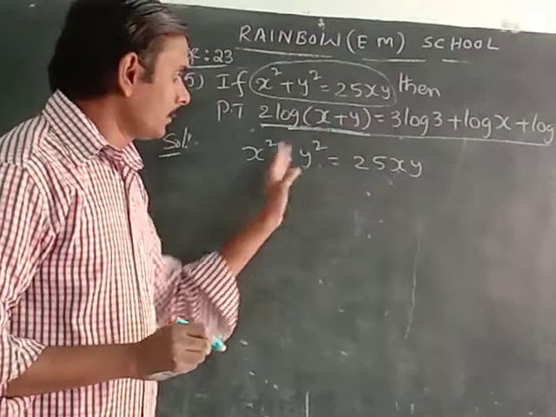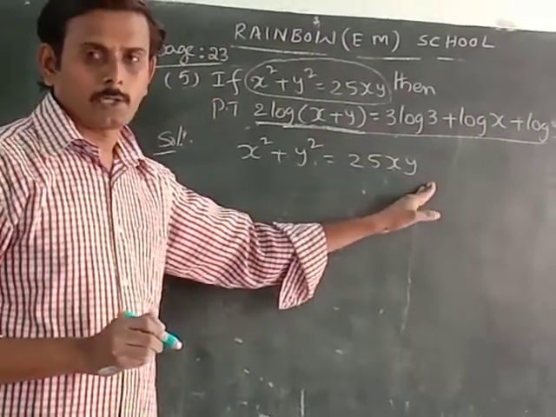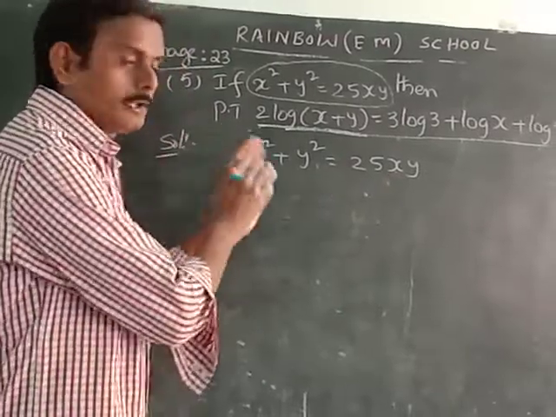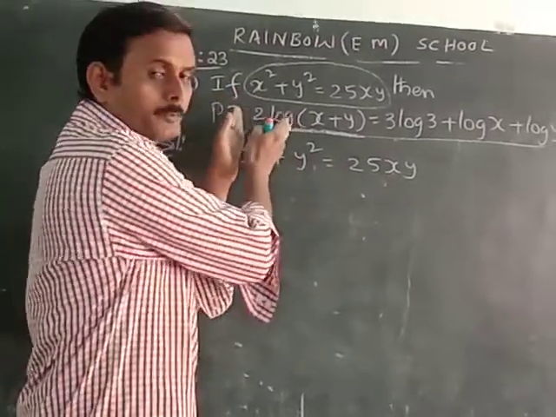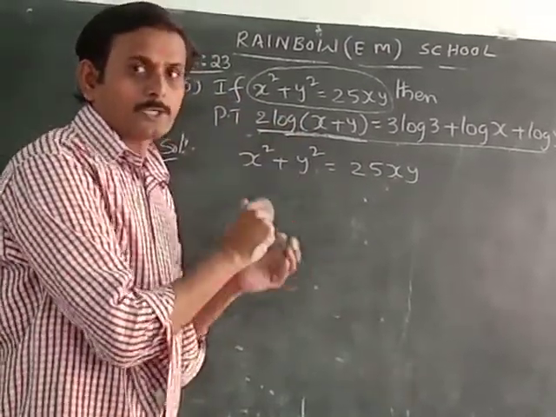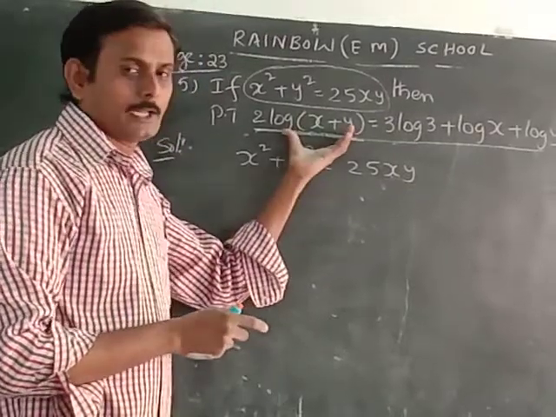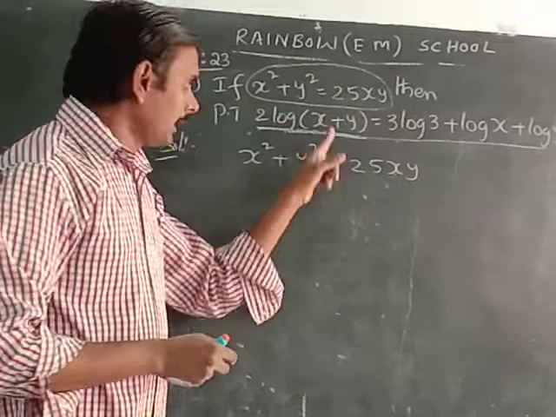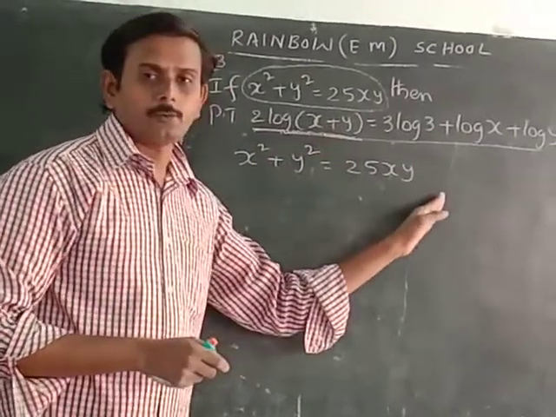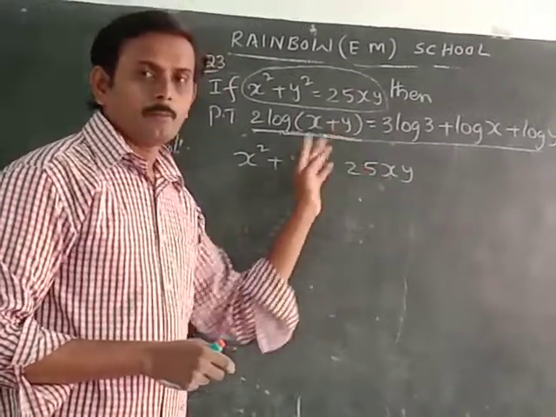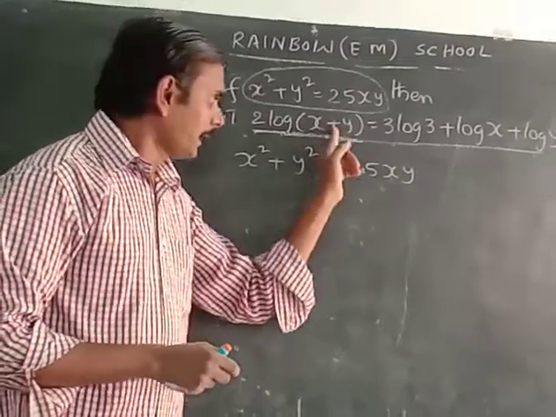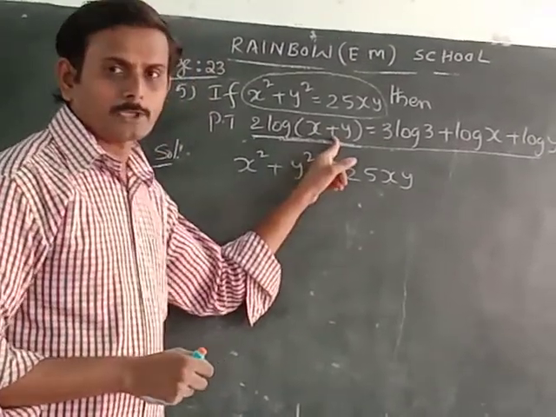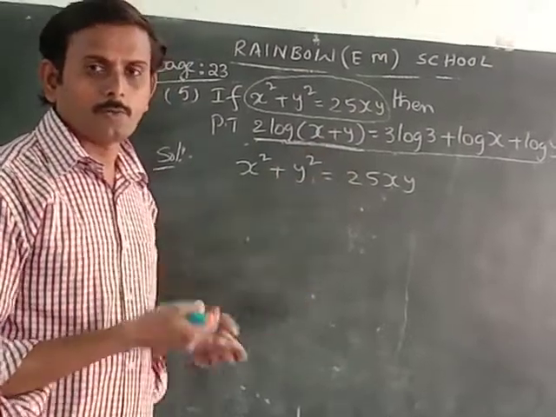Observe whether there is plus or minus before the LHS part. If plus is there, add 2xy on both sides. If minus is there, subtract 2xy on both sides. Here addition is given, so we want to add.